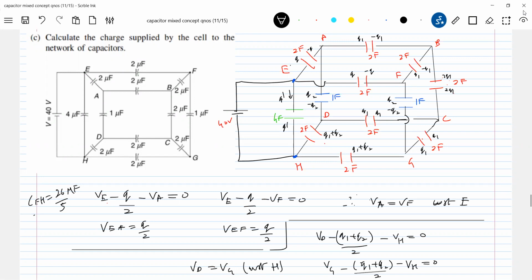So micro, if you want, you can take it out. Then you can easily calculate the charge. Charge flown through the battery will be CEH into V. And the answer will come around 208 coulombs.